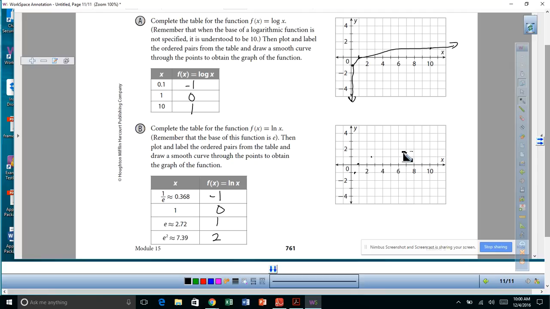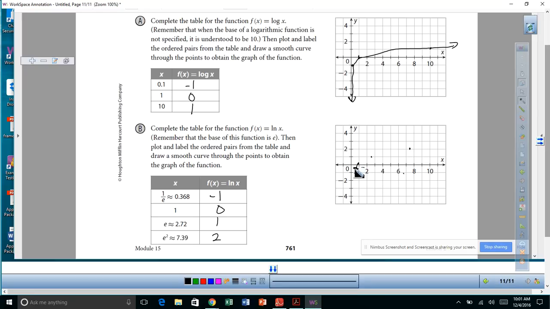And e squared is about 7.4. That's going to be about right there.